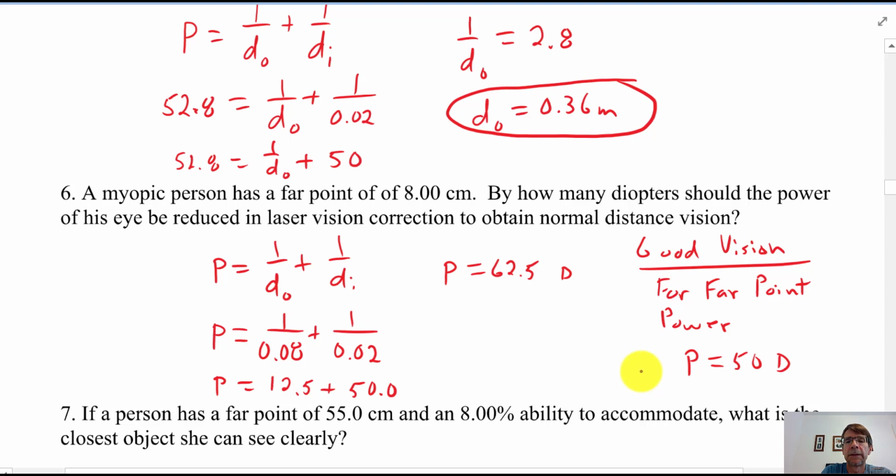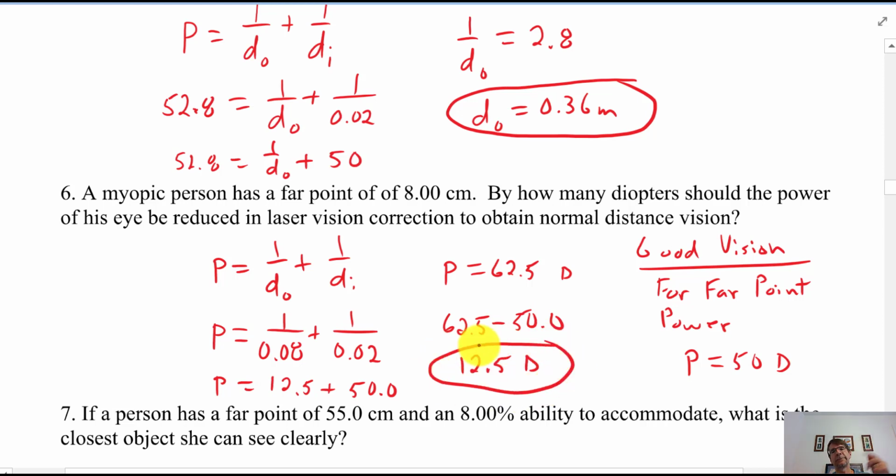For good far point power, if the object is at infinity, your lens has a power of 50. So by how many diopters should the power of his eye be reduced? Well, 62.5 minus 50.0. It's a reduction of 12.5 diopters.